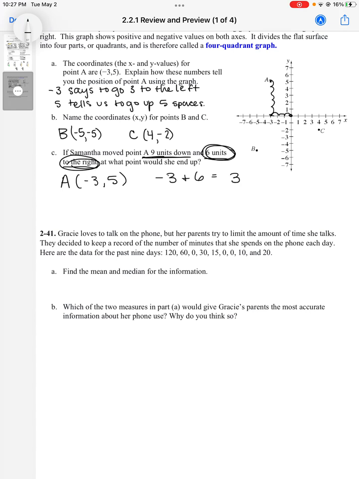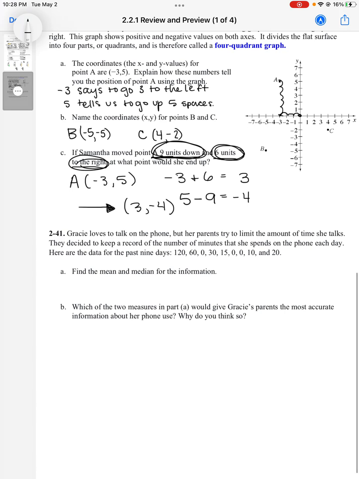Okay, that's my x value. So it would be at 3. And then this 5. So I have 5, and it says I'm going 9 units down, which means that I'm subtracting 9. 5 minus 9, -4. So my y value is -4. So that would be the new location of point A if it were to move.